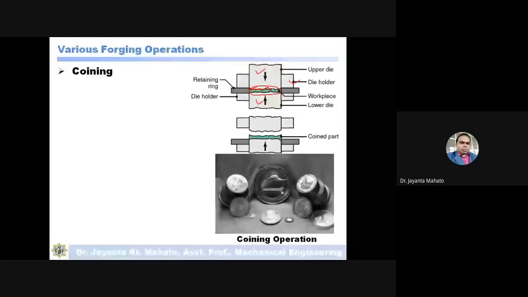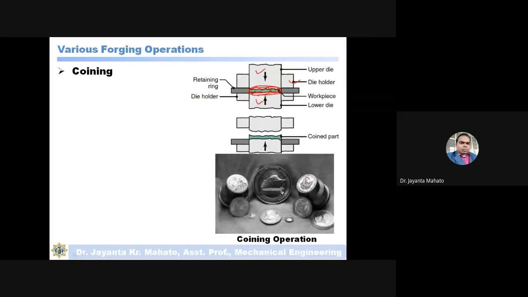So just pressing it into this material, this type of impression will be formed. And in the lower part also, a replica of the opposite side of the coin is made.